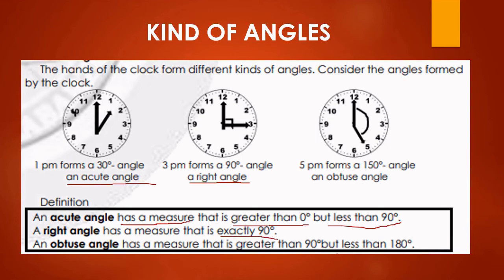And 5 p.m. forms 150 degree angle. This is an obtuse angle, and an obtuse angle has a measure that is greater than 90 degrees but less than 180 degrees. Okay? So that is the three kinds of an angle.